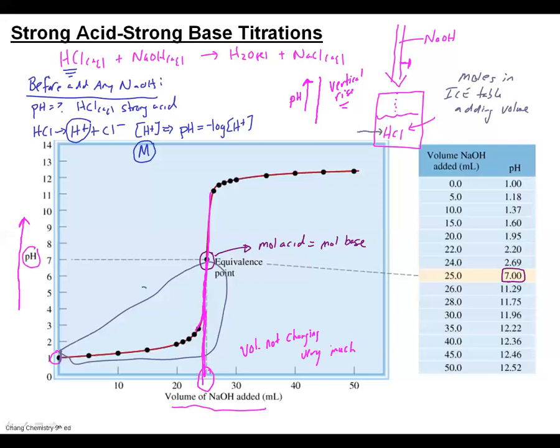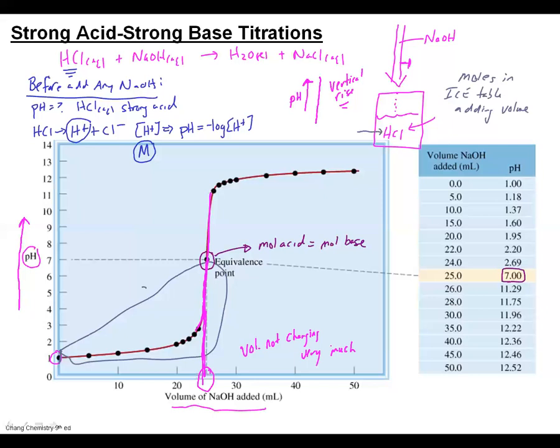So basically what happens as you approach the equivalence point is the pH will start to change relatively rapidly with very little, in this case, sodium hydroxide added.